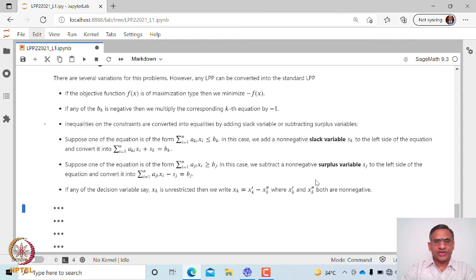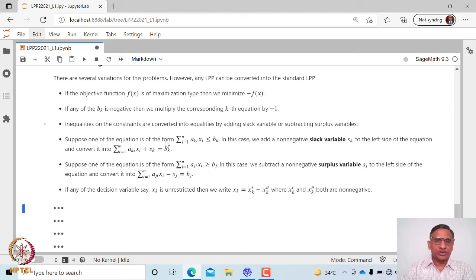Okay, so if the jth inequality is of greater than equal to type, then you need to subtract something non-negative from the left hand side, and let us denote it by sj, and that we call a surplus variable, because it is a surplus. On the left hand side it is surplus, so you need to subtract something in order to make it equality. Right, so that constraint will be converted into summation aji xi minus sj is equal to bj.